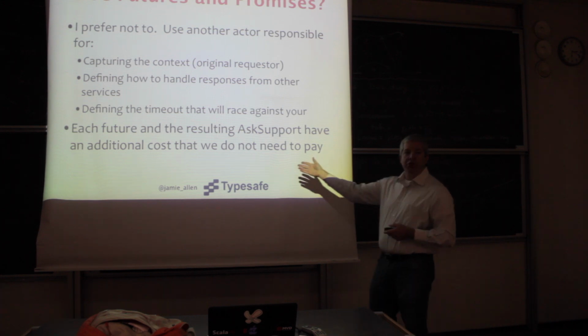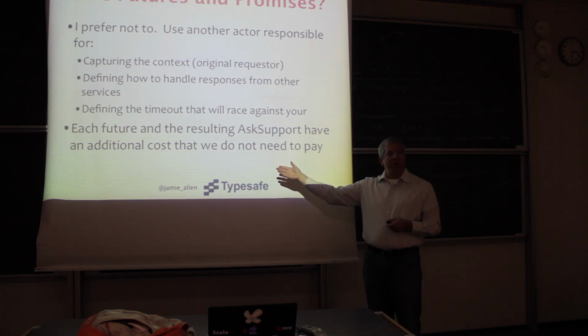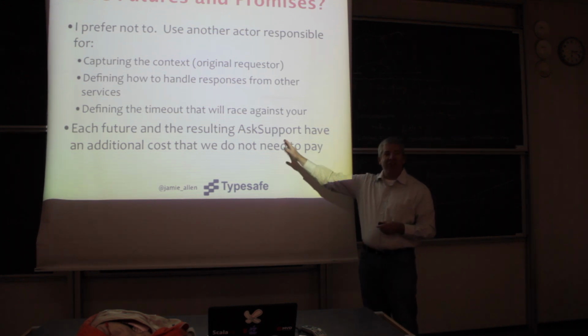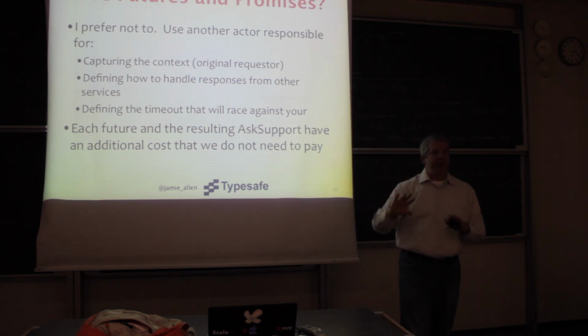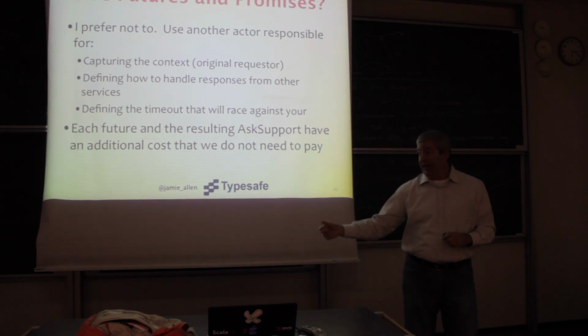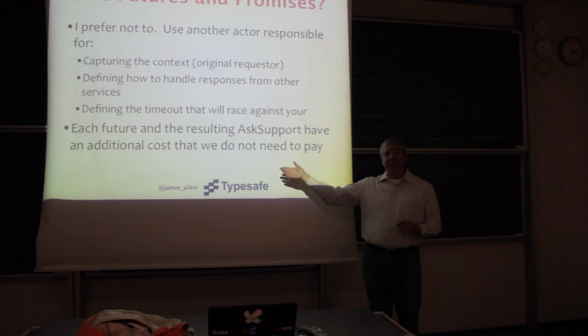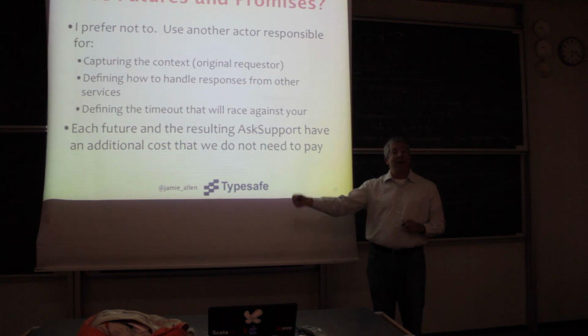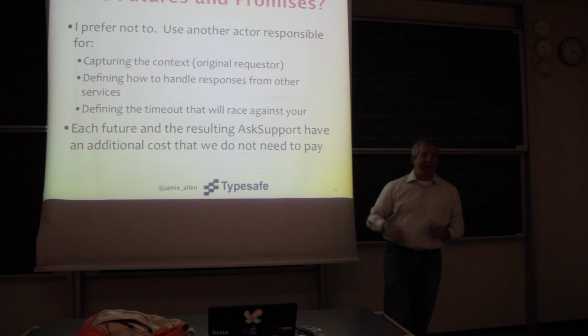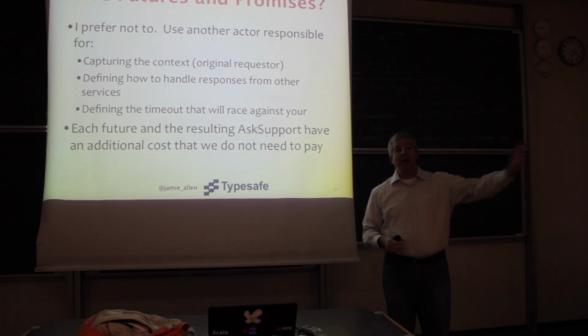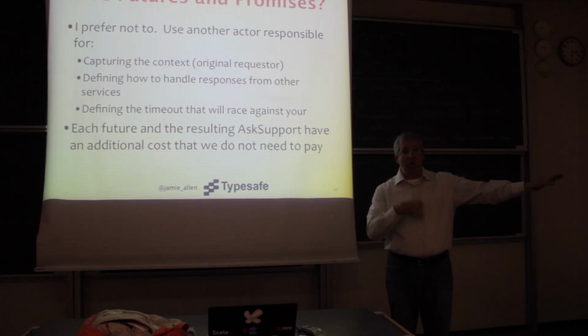But each future that you use to do this is going to result in this ask support inside of Akka, which you don't use, but Akka uses, to represent that future as an actor. For example, I can send a message in Akka, and instead of sending it with fire and forget semantics, where I send it and I'm totally not paying attention to what's going on, I can keep going asynchronously.